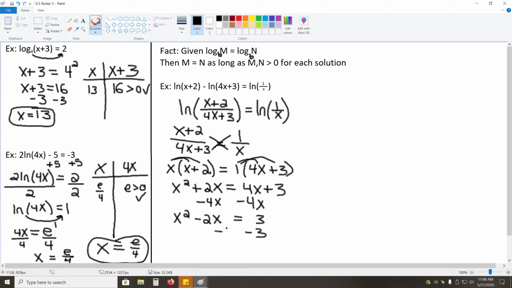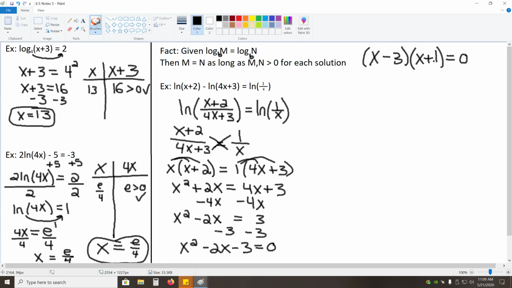And then subtract 3 from each side to get x squared minus 2x minus 3 equals 0. And now we need to factor this such that we have two numbers that multiply to give us negative 3 and add up to give us negative 2. That'll factor into (x minus 3) times (x plus 1) equals 0.